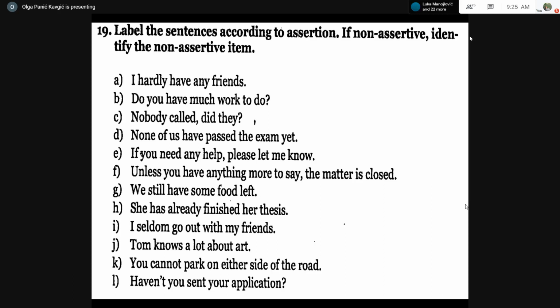So you would circle haven't. In this case it's both interrogative and negative, so a double sign of non-assertion. So you circle haven't. Okay, thank you.